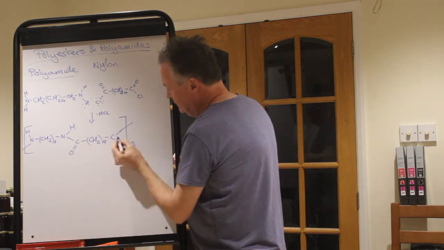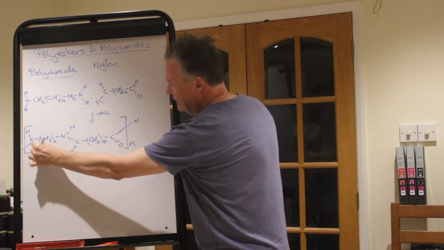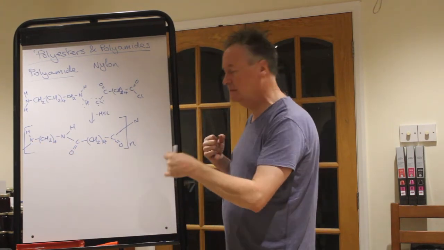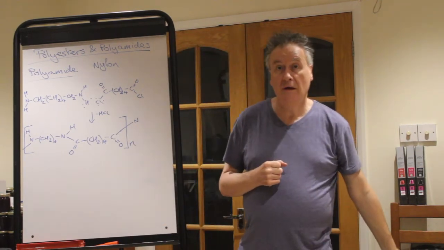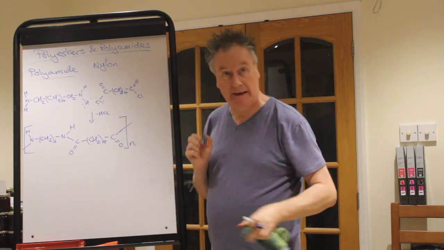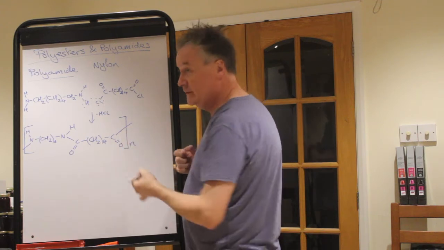Here it is. This here is going to have an N there. That's that equivalent N on the next pair. So the correct way to write that is without the N. And obviously it's N times.